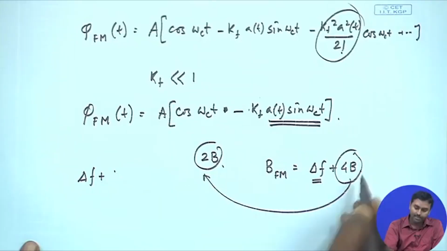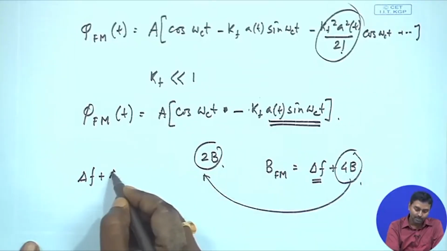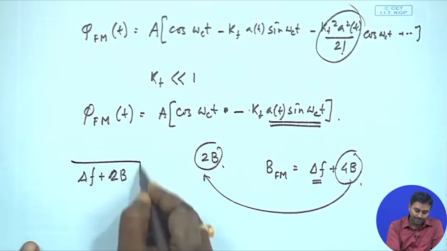So probably we are overestimating it. Intuitively we can say that since this must be 2B whenever del f tends to 0, this is the upper bound of that. So it must be something like this.